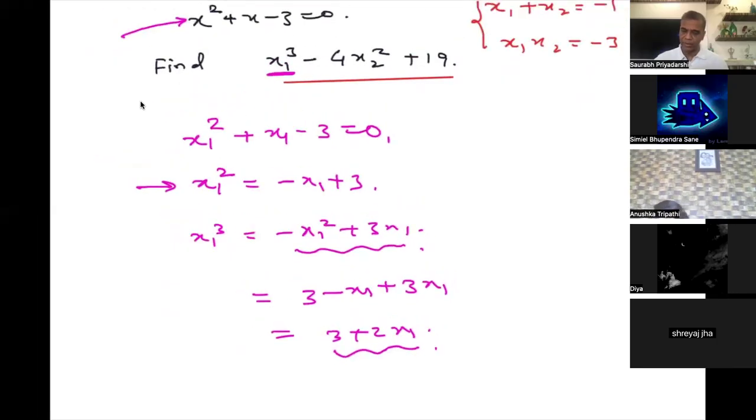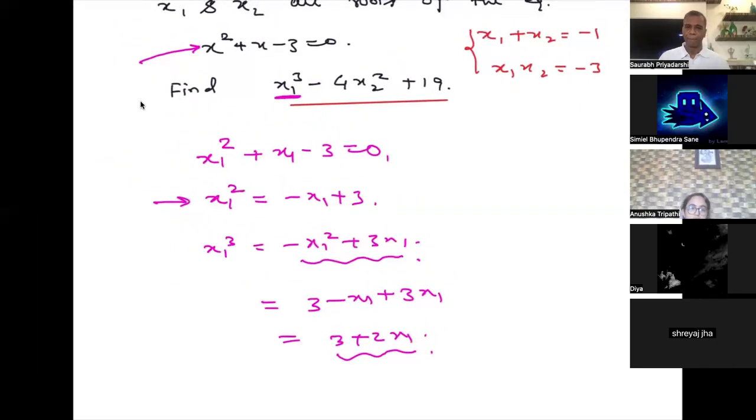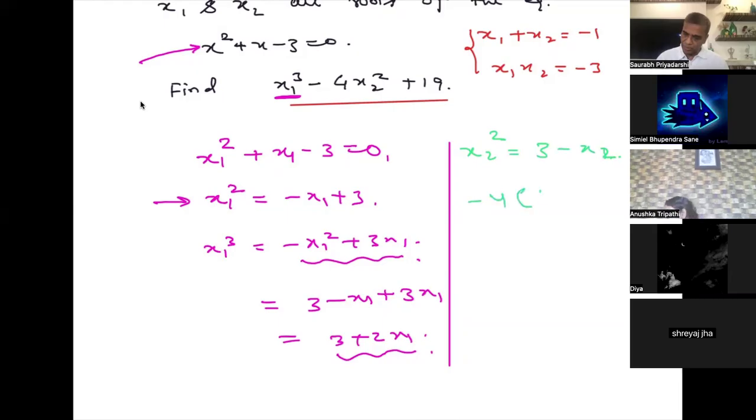Similarly, x2 is again a root of this equation, so x2 square is again 3 minus x2. You can put this value: minus 4 times 3 minus x2, that is minus 12 plus 4x2.